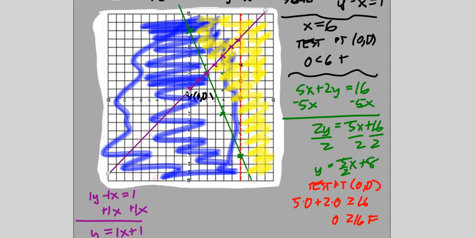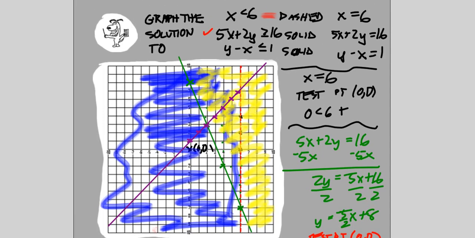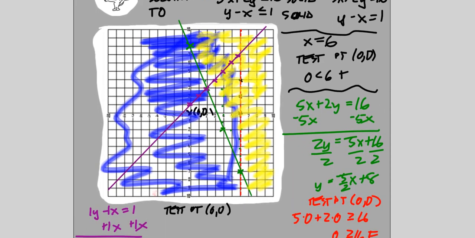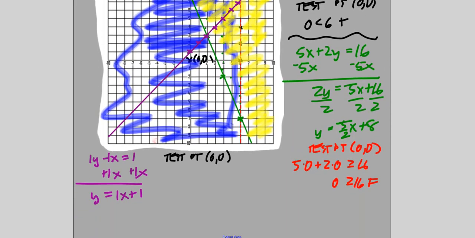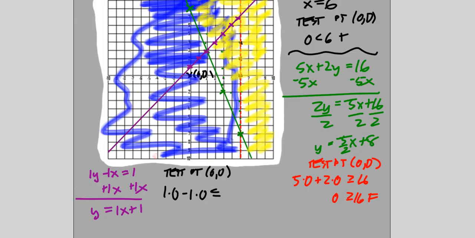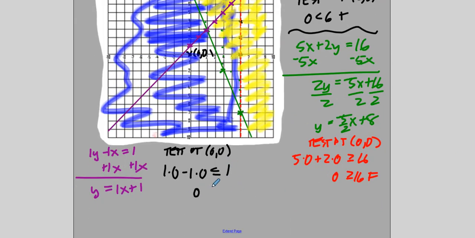Alright, so let's take a test point, and again 0, 0 is not on this line, so we can use it. Okay, so the inequality is y minus x less than or equal to 1. 1 times 0 minus 1 times 0 less than or equal to 1. So 0 less than or equal to 1 is true.